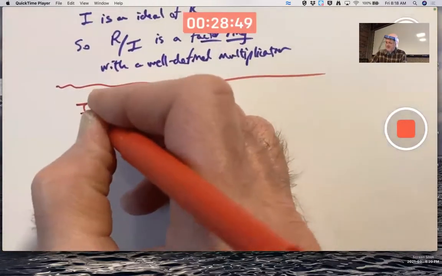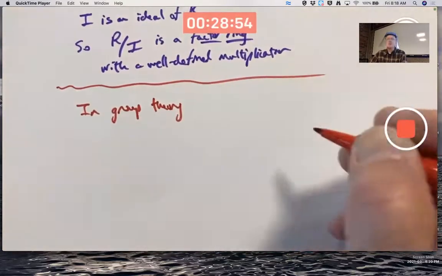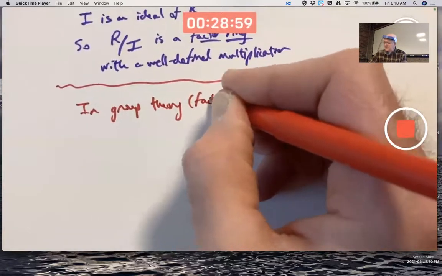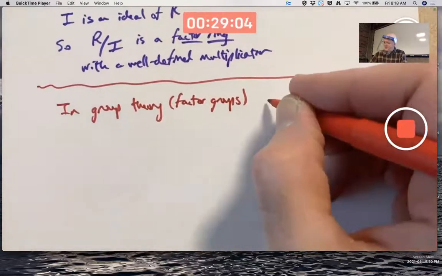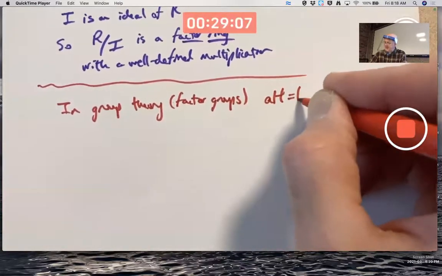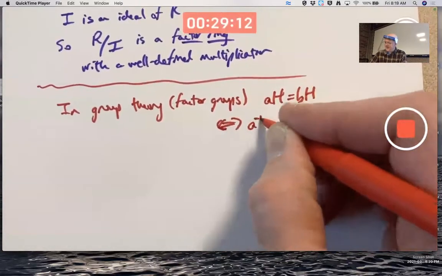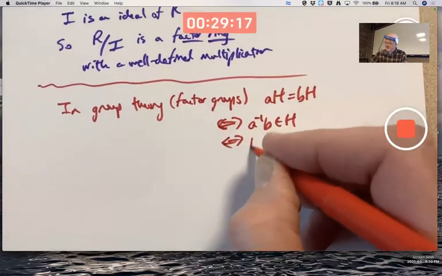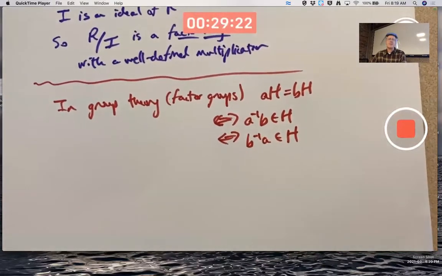In group theory, factor groups, we said two cosets were equal, AH equals BH, if and only if A inverse B is in H, which is also equivalent to saying B inverse A is in H. Remember that?